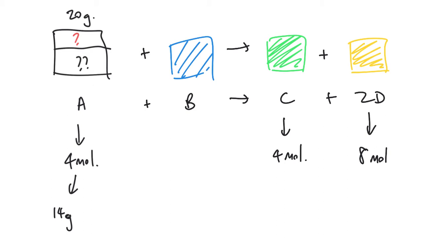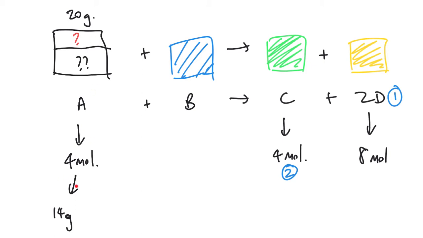Okay, so let's go through the steps here. What do we do? We have an equation. That's the first thing. We then have the number of moles of a product of some sort. It could also be the number of moles of a reactant that was consumed. But generally, it's not the number of moles of our unknown over here.